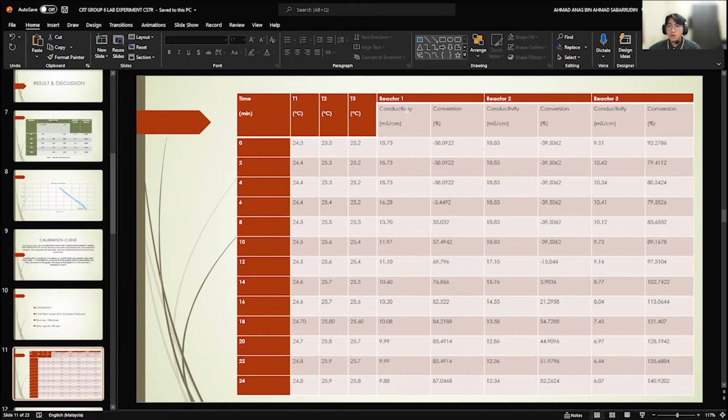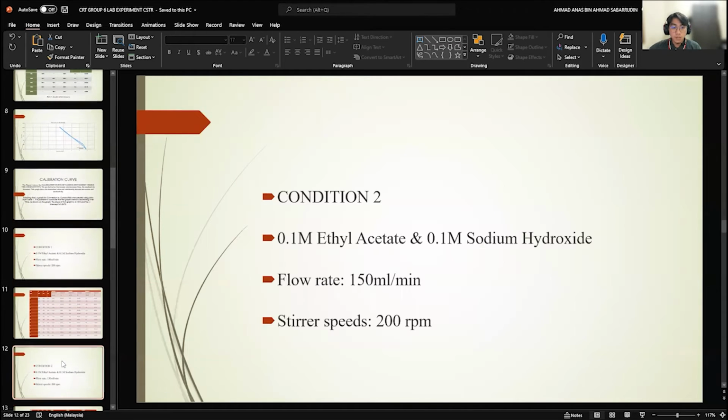What we got is the conductivity for T1, T2, and T3. For the conversion, we have to use the calibration curve to get the conversion for each minute. Then condition 2. We still use 0.1 molar ethyl acetate and 0.1 molar sodium hydroxide, but we change the flow rate to 150 milliliters per minute and use the same stir speed.